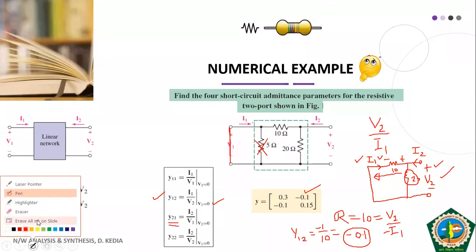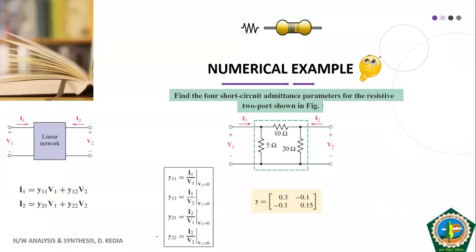So for Y21, what we need? For Y21, V2 equal to 0. That is, we have to short this. So if we short this, the 20 ohm resistance will be out of the circuit.